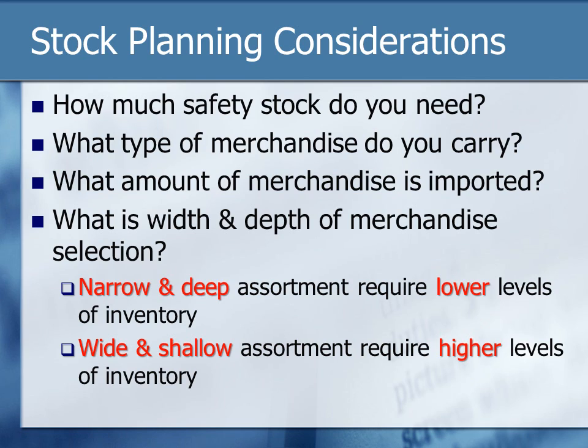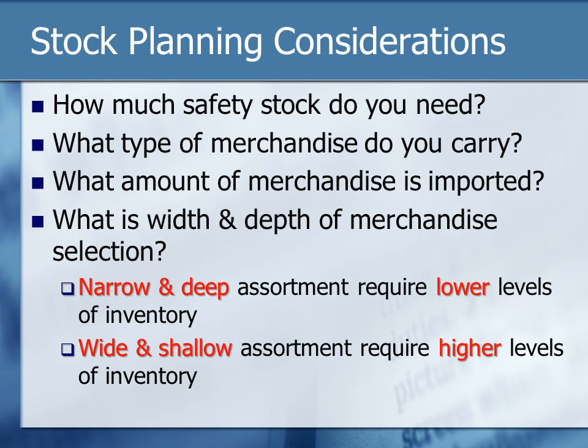So if your assortment is narrow and deep, that means you don't carry a lot of different styles, but you go in depth, so you carry lots of units for the same style. Okay. If that's the case, that kind of assortment planning requires a lower level of safety stock.